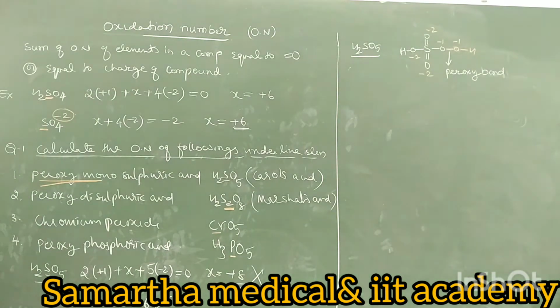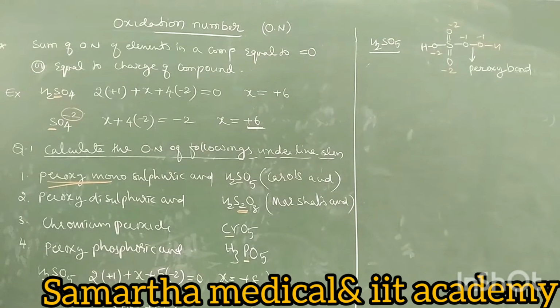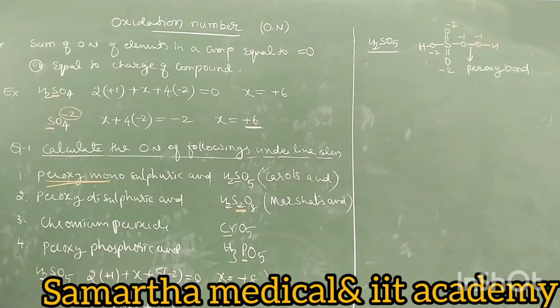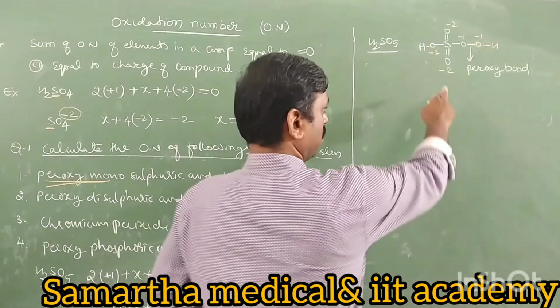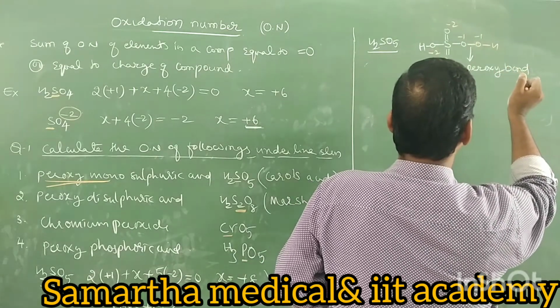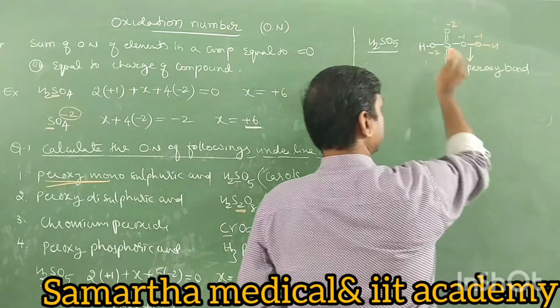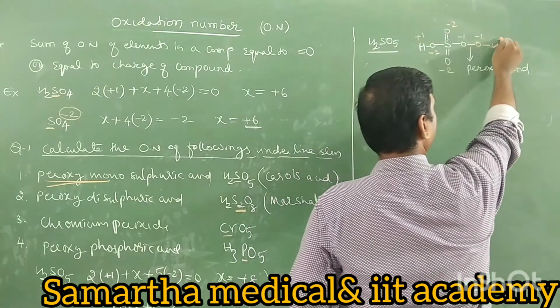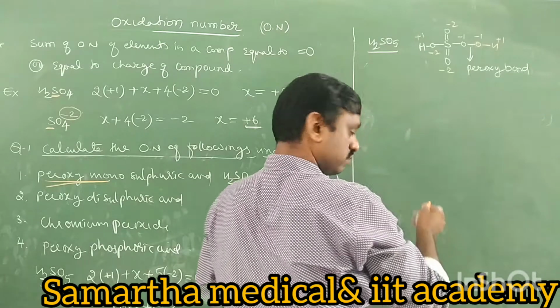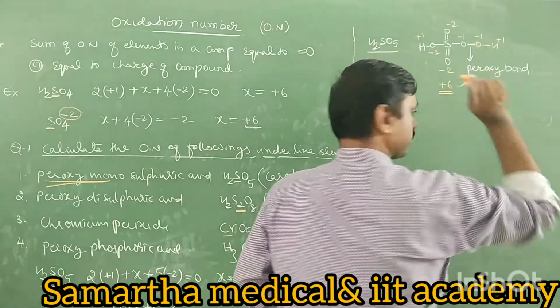What do you get? -8, and after the plus 2 from hydrogen, we get plus 6 as the oxidation number. Plus 6, no? Therefore plus 6 is right.